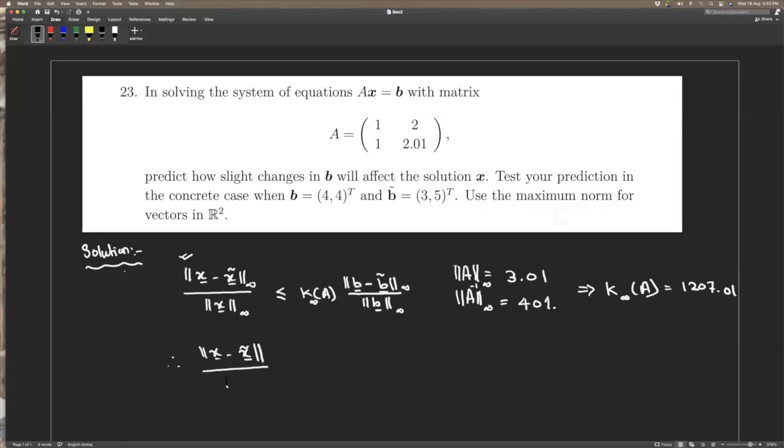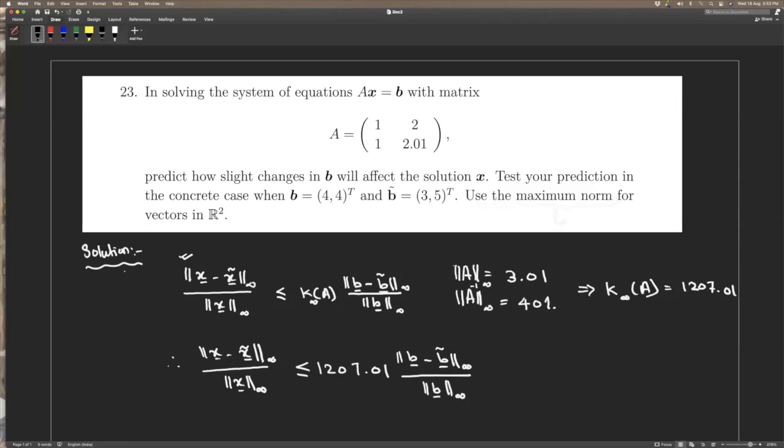Therefore, you have norm x minus x tilde divided by norm x. This is what we want to estimate in the L infinity norm, and that is less than or equal to 1207.01 into the other one. That is the relative error in the vector b tilde when compared to the vector b. Again, that has to also be done in the maximum norm.